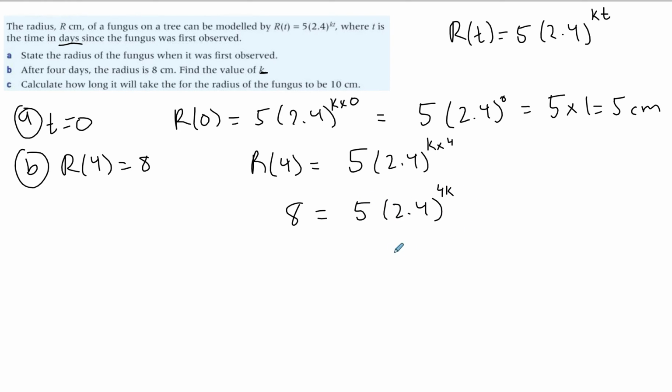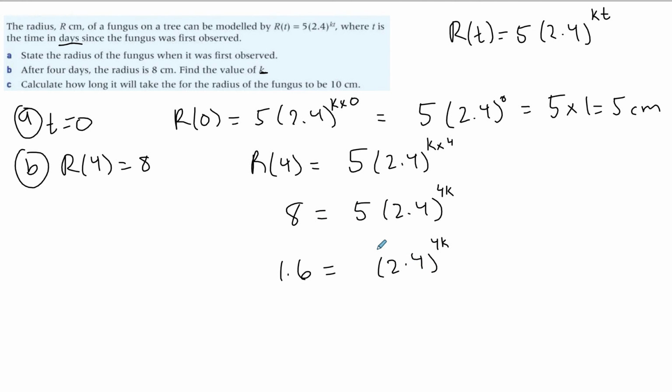So this is 4k. What you want to do is get this on its own, so maybe simplify the expression, so just have an 8 divided by 5, and that will give you 1.6. So your goal is to get to this expression on its own, so nothing as a coefficient here.